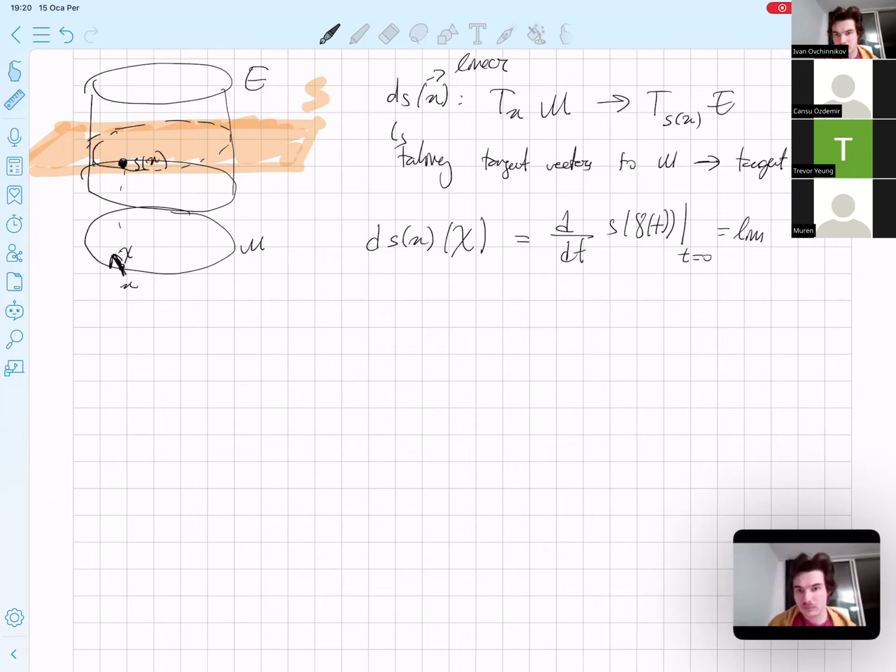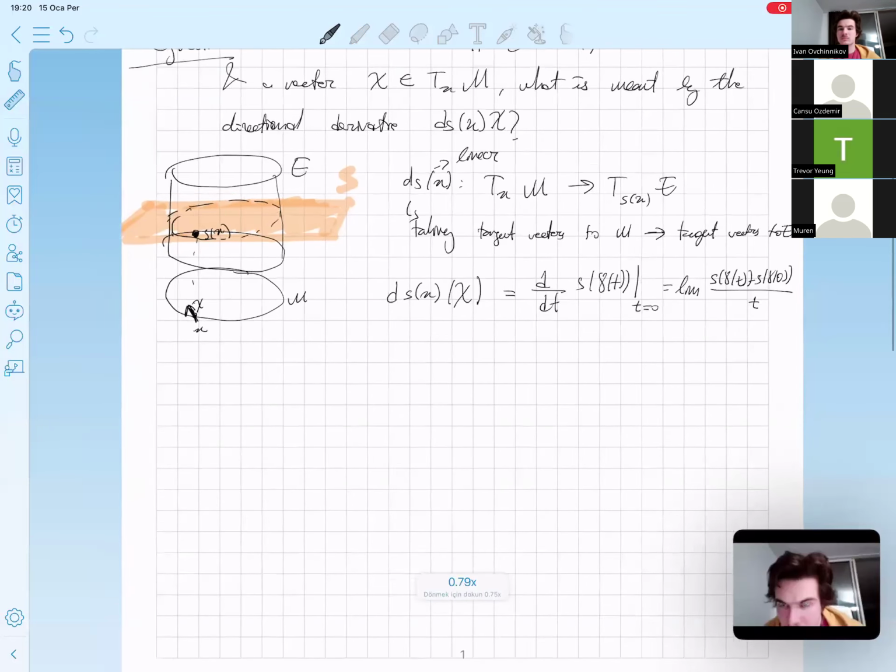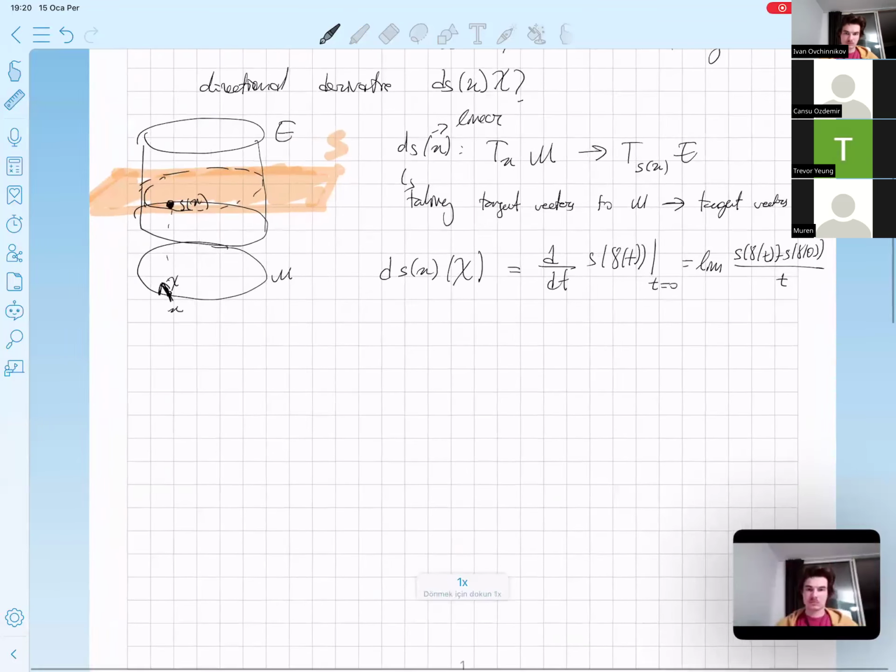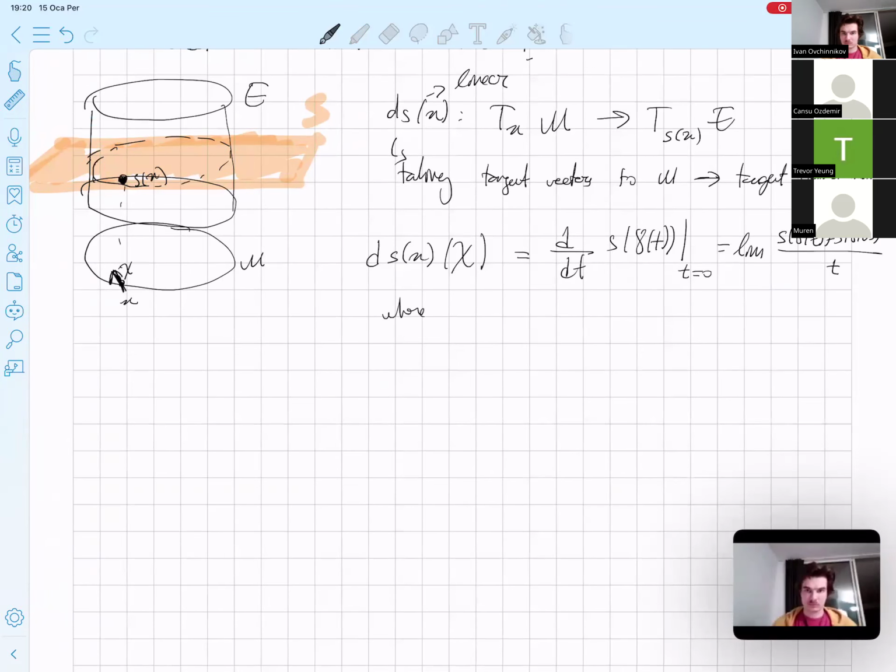And then we can write this as the limit of S(γ(t)) minus S(γ(0)) divided by t. Right, so this is just the old derivative definition we know, where the path at 0 is big X.